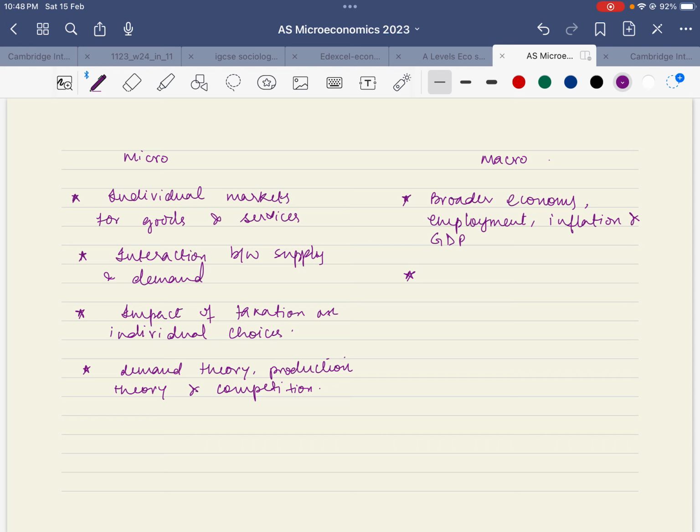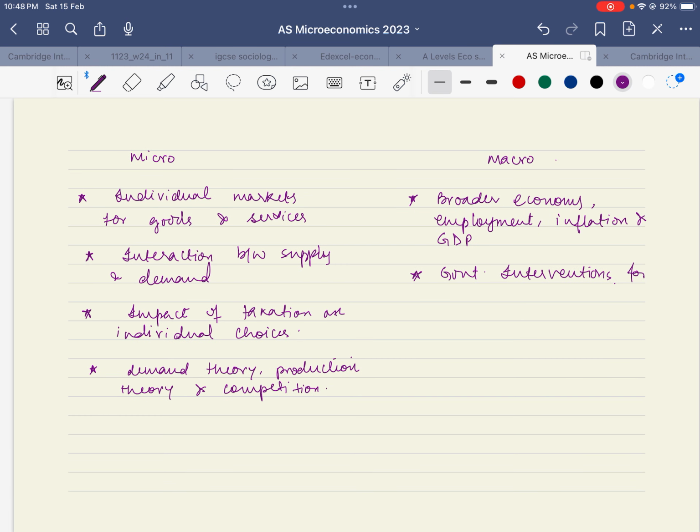Second is government intervention. It focuses on government interventions for economic growth or government measures for economic growth, including the fiscal and the monetary policy. And yes, factors impacting GDP. Now, I'm sure that you have a better understanding of what these two mean.